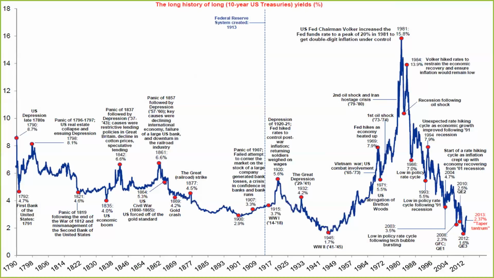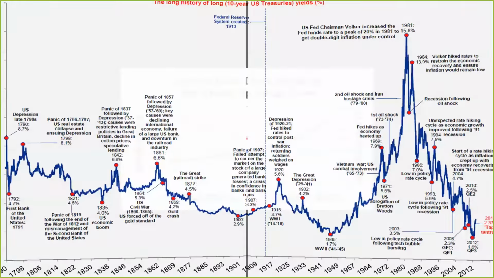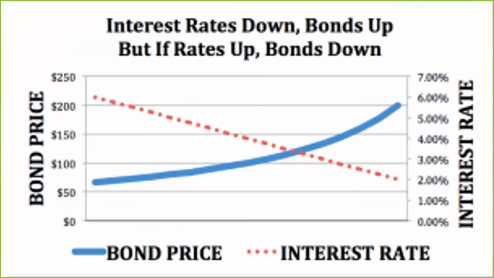And right now, interest rates are still absurdly low. So just for now, be careful with bonds. I've been finding that the flight to safety trade has not been as aggressive towards bonds as it's been to gold and the yen. And this is why. I don't have time to get into the relationship between interest rates and bonds.